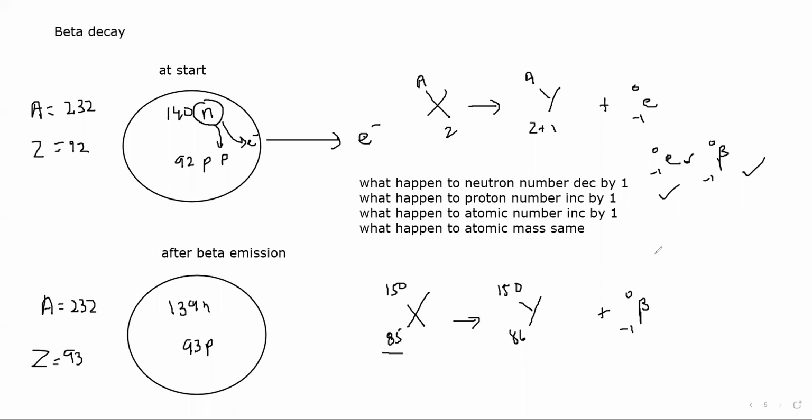Why won't there be a charge of +1? You're saying that because the proton number increases and the neutron number decreases, the net charge should be +1. But the thing is, there will be a change in electrons in the shells as well, which you're not taking into consideration.